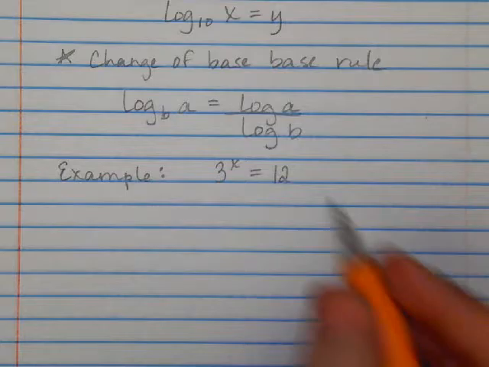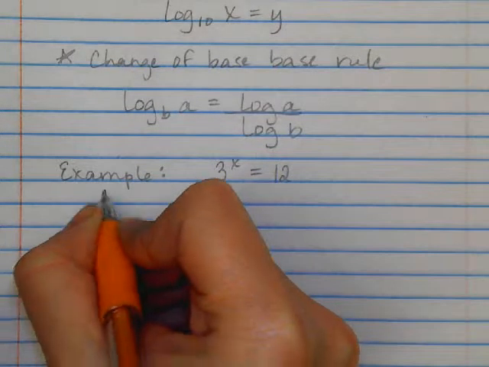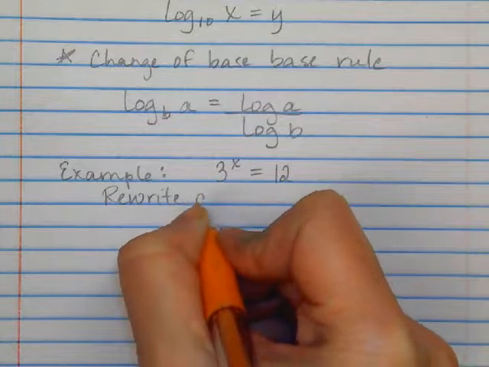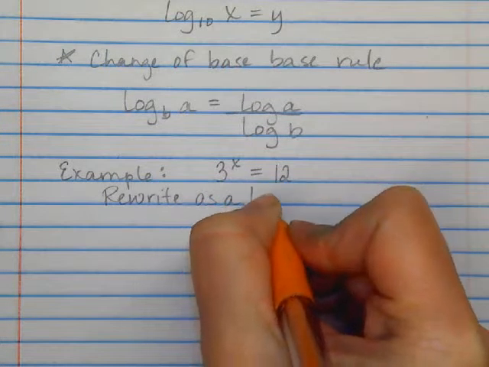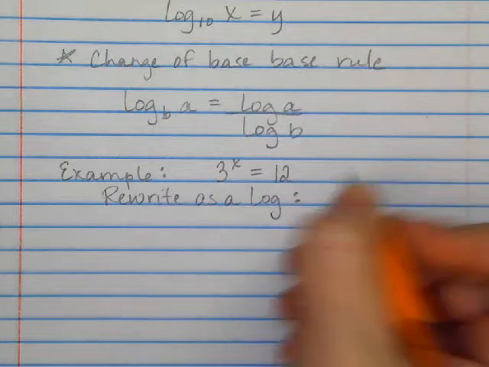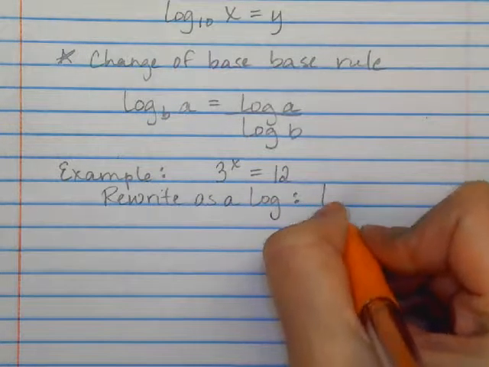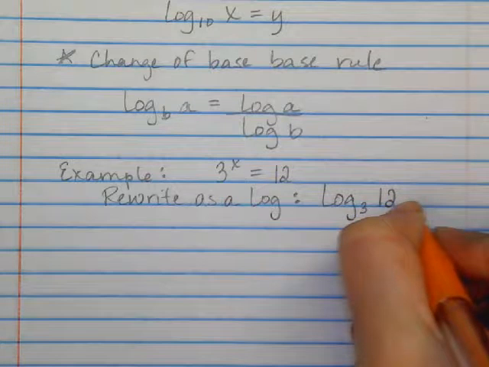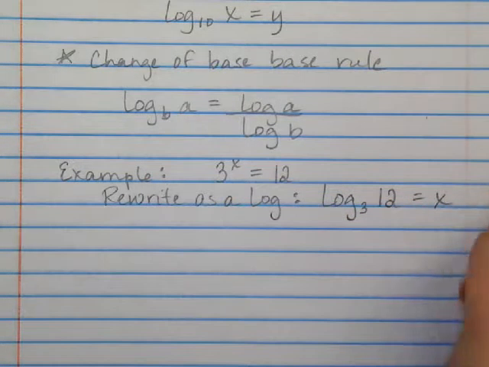So what we need to do is rewrite it as a log, which would be log base 3 of 12 equals x.